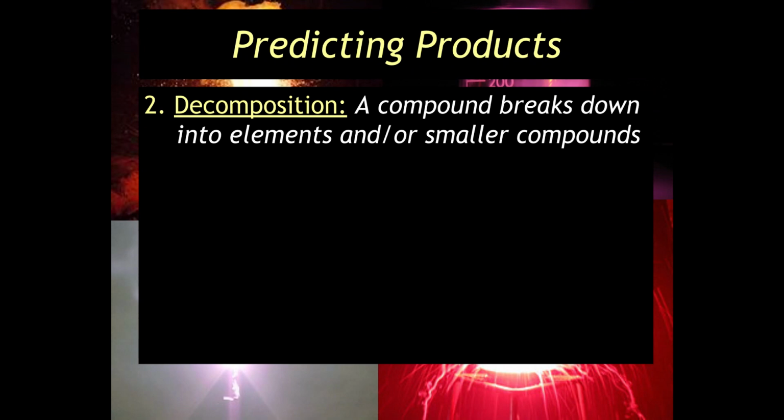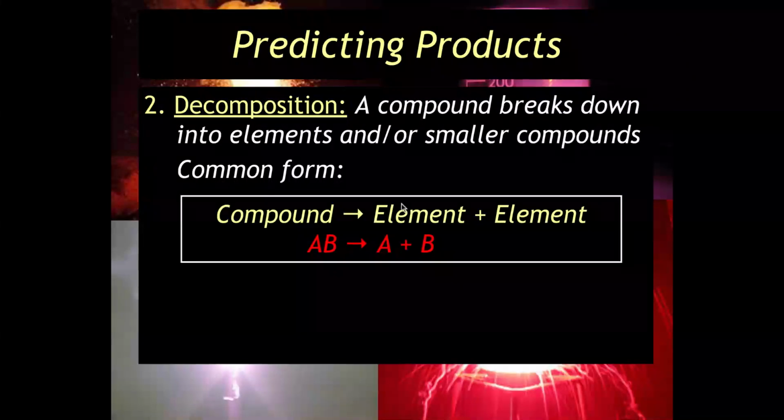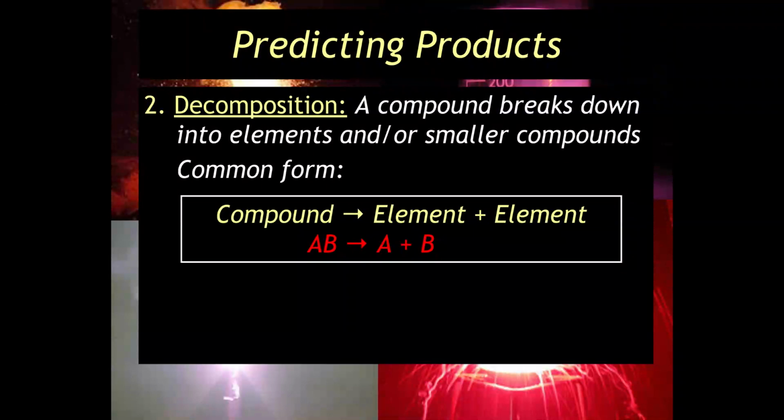Now, let's talk about decomposition reactions. So, in a decomposition reaction, a compound breaks down into the elements or smaller compounds. Okay, so here's the common form. It's basically the opposite of a synthesis reaction.